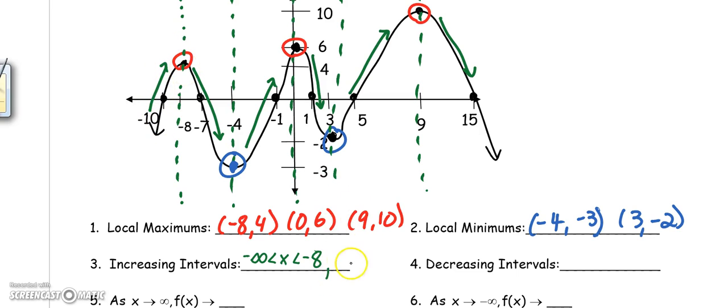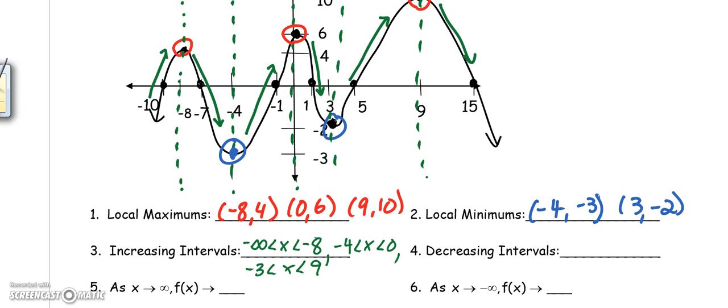We've also got -4 less than x less than 0. That was this interval right here. And then we've got one more over here. We've got from 3 to 9. Those are the increasing intervals where the arrow is going up. I want you to go ahead and write in the decreasing intervals.